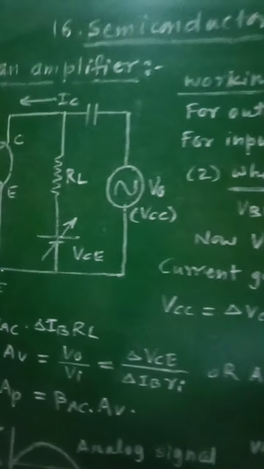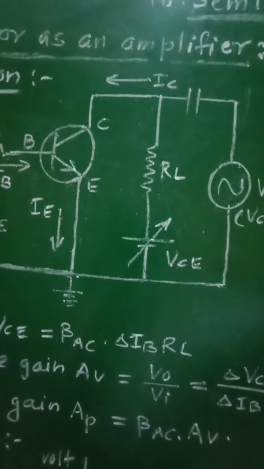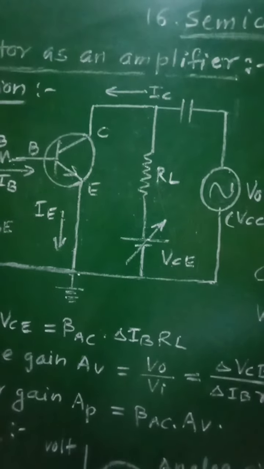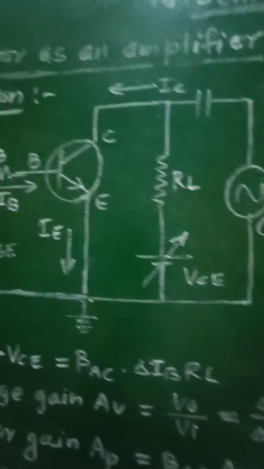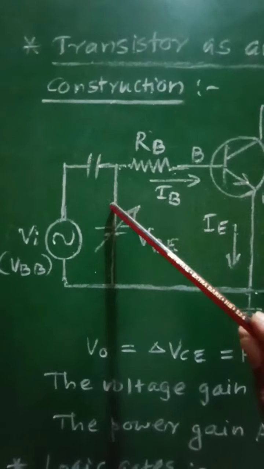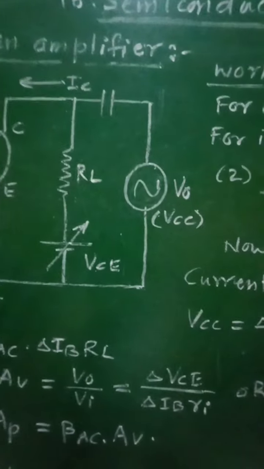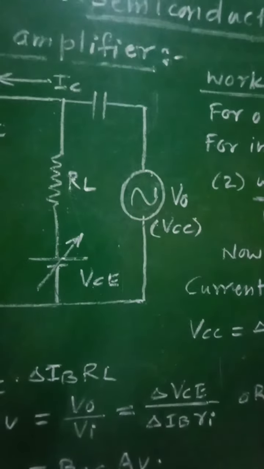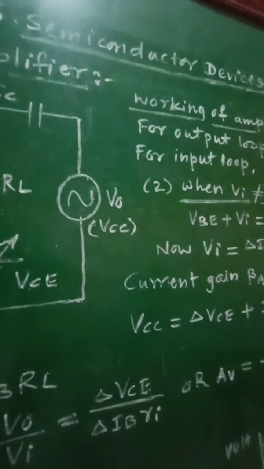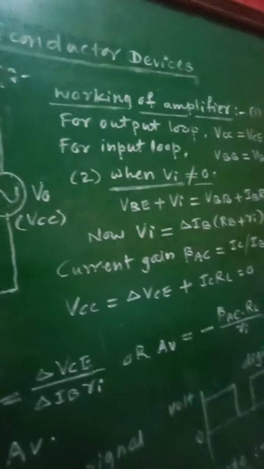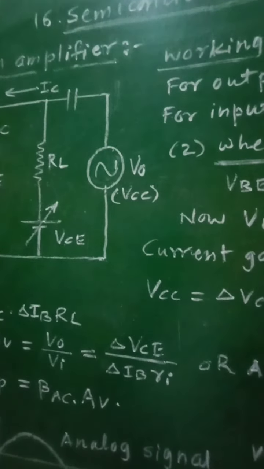So when there is a change in the base current, the voltage drop across the load resistance RL will change, that is, the output voltage will change.